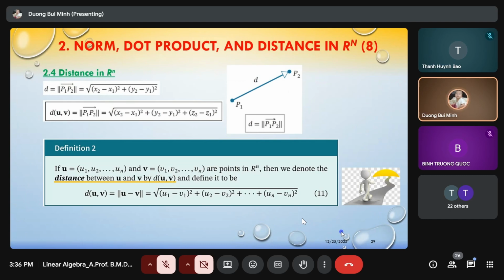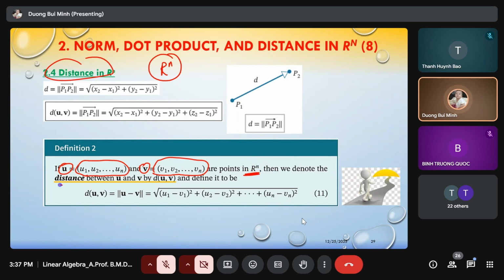We talk about the distance in Rn, with n dimensions. Here we have the definition. We have vector u with n dimensions, u1, u2, up to un, and we have vector v, v1, v2, up to vn, in the real number set with n dimensions.